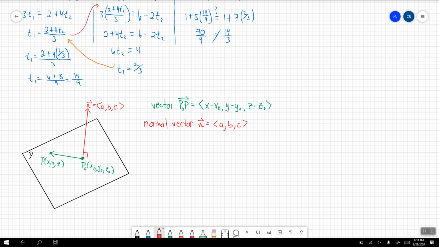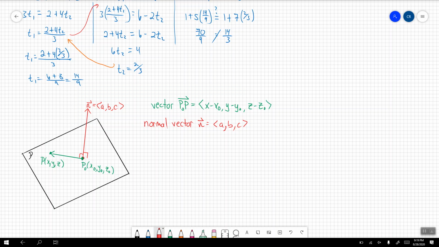So what I want to extract now is that because vector P naught to P exists on the plane P, and there is a normal vector which we identified as n to the plane P, that must tell us that vector n and vector P naught to P must also be perpendicular to one another.